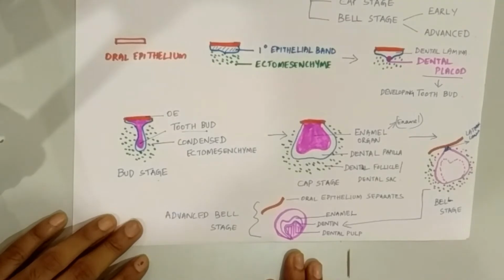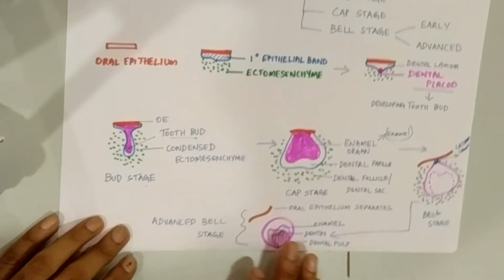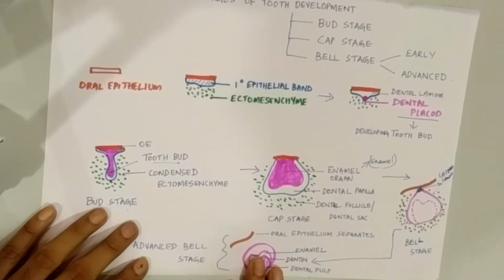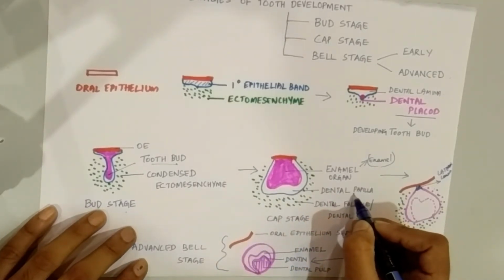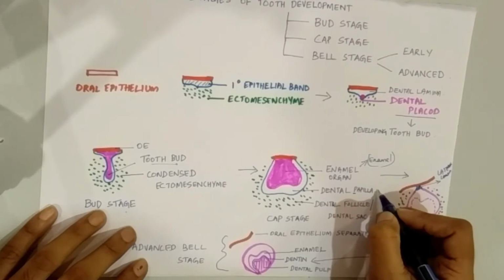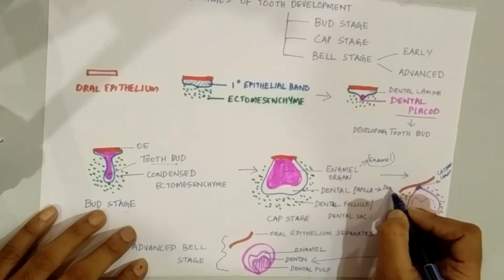Because the enamel organ sits on the ball of condensed ectomesenchyme like a cap, it is called the cap stage. The ball of condensed ectomesenchymal cells is called the dental papilla, from which the dentin and pulp are formed.